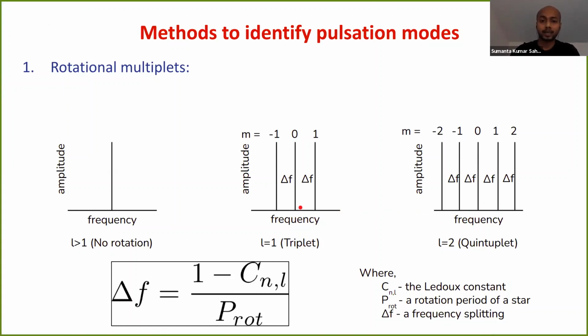So by directly seeing these peak splittings in the frequency spectra, we can say what the modal degree is, and we can also define the azimuthal order. And also from this method, if we know the splitting from the frequency spectra, we can directly calculate the rotation speed of the star as well.